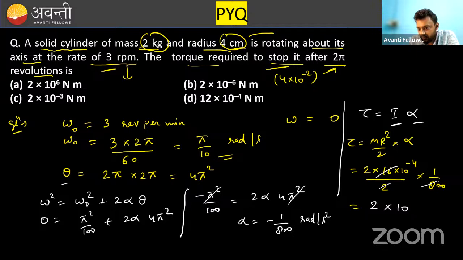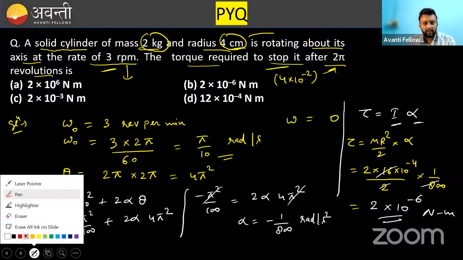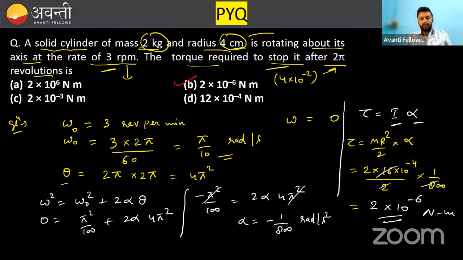This 2 will go upward and become minus 2, that is minus 6. 2 into 10 raised to power minus 6, which is option number B. Very good. Option number B. Clear? This is our torque.